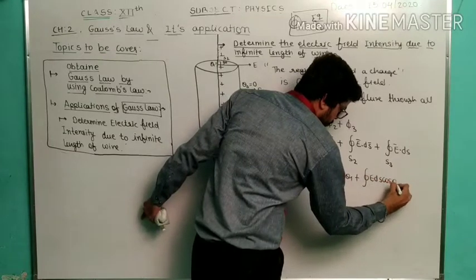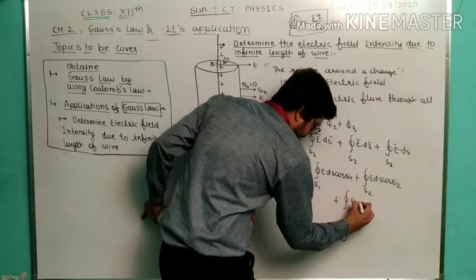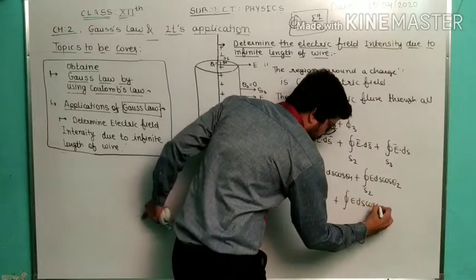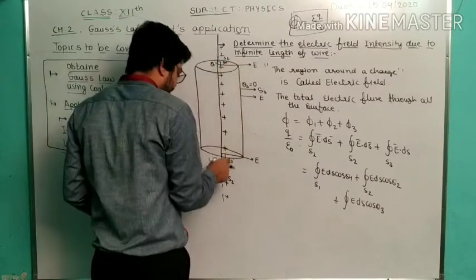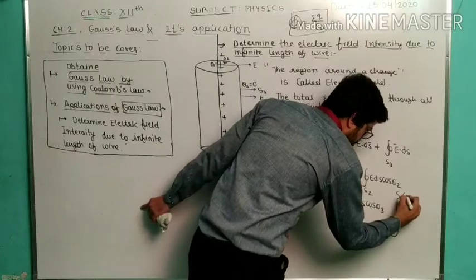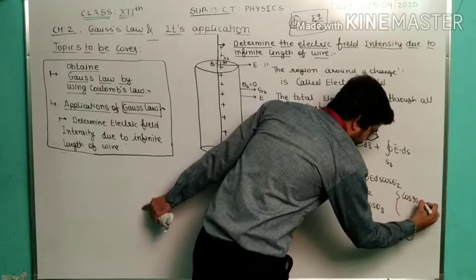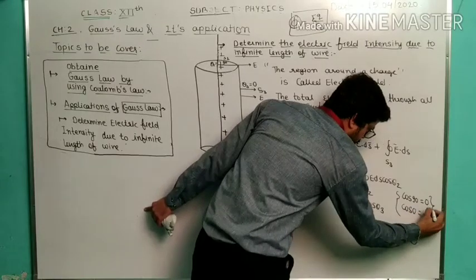E ds cos theta 2, this is S2. And here E ds cos theta 3. Okay, so we know theta 1 is 90, theta 2 is 90, and theta 3 is 0. And you know that cos 90 the value is 0, and cos 0 the value is 1.